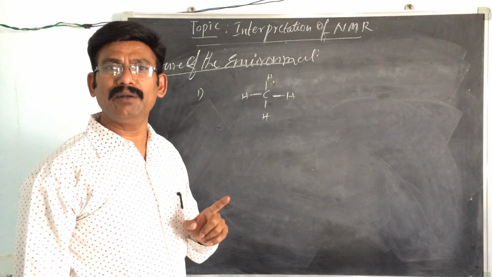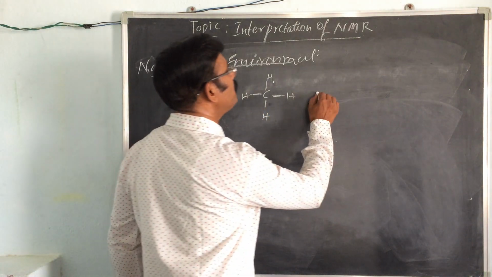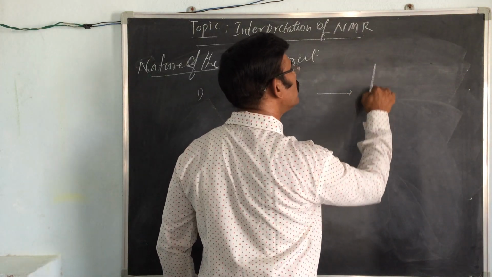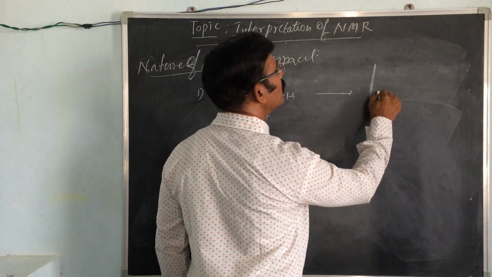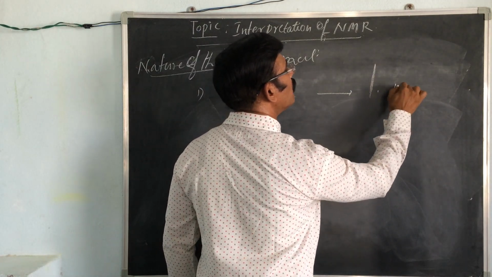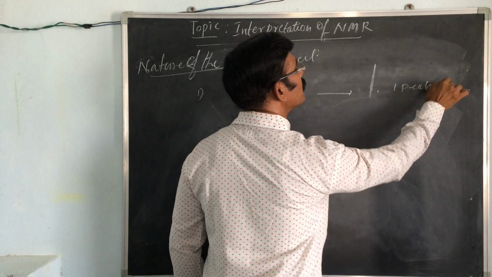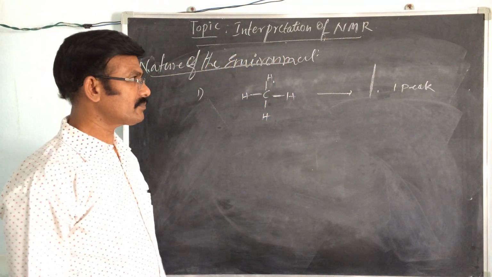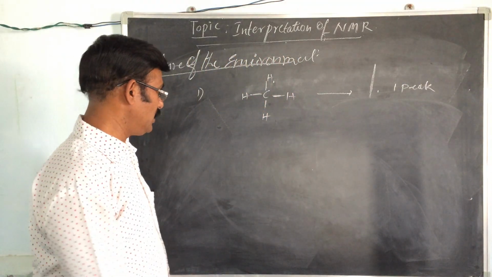Single environment means only one peak will come. In a graph, only one peak.